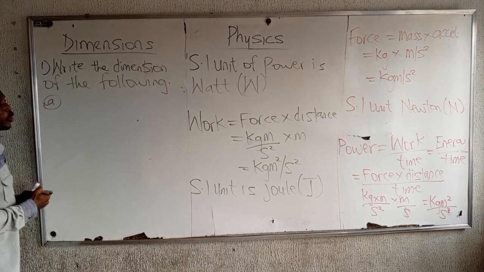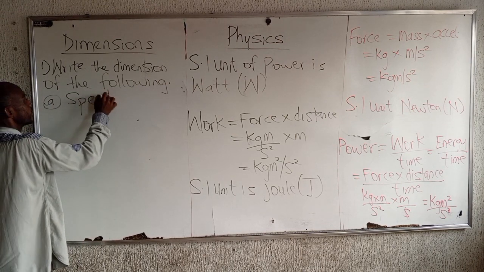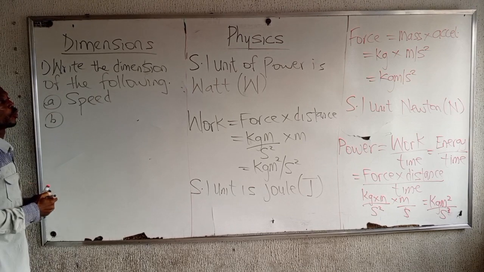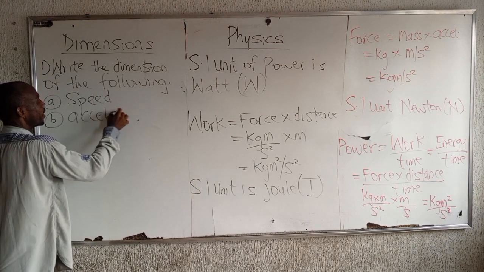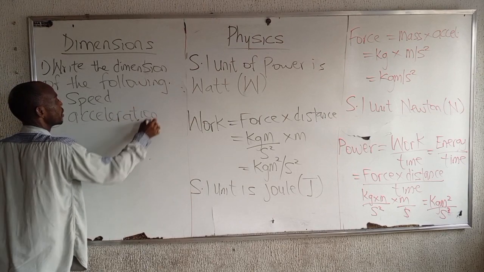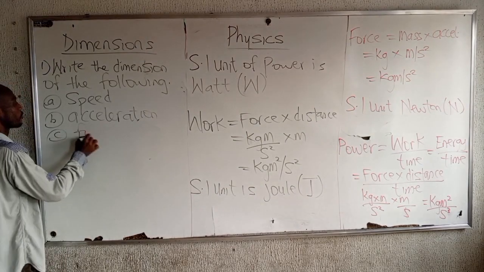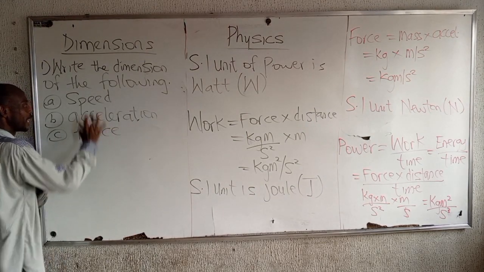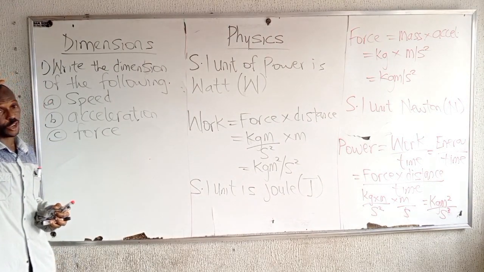A. Write the dimension of speed. B. Write the dimension of acceleration. C. Write the dimension of force. Now let me use these three to explain what dimension is all about.